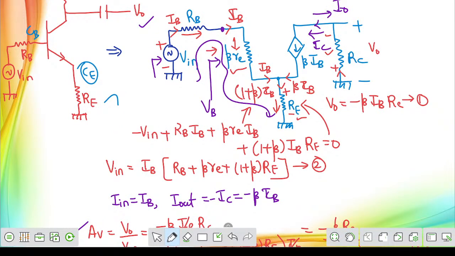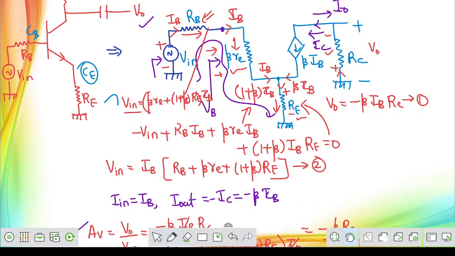See, if they are not focusing on the overall voltage gain, rather they are ignoring the external circuit, the output part of the circuit, and only focusing on input, in that case your input voltage will be simply equal to only beta times of Re plus 1 plus beta times of Re. This will be your overall input voltage. Remember this. Okay. So this will be your new input voltage. If they are measuring it from the base terminal directly, they are not focusing on the overall voltage gain. Observe the options. You can easily figure it out.